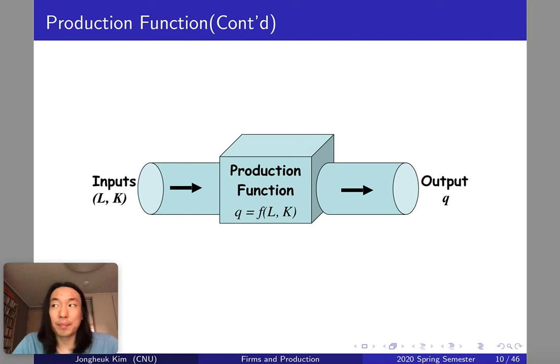So it is a little bit of abstraction and stylization of the production mechanism with the language of mathematics. In the production sector, it is really important to separate the types of cost, because as we discussed before, the profit maximization problem is equivalent to the cost minimization problem.